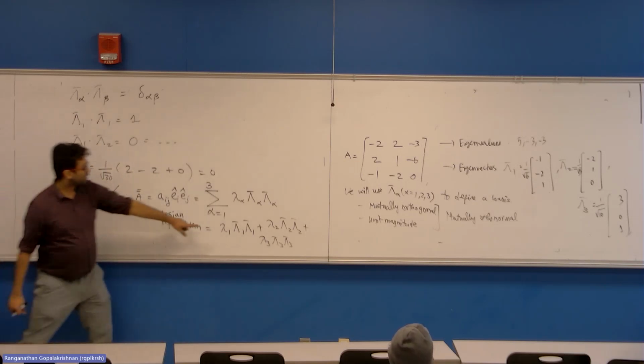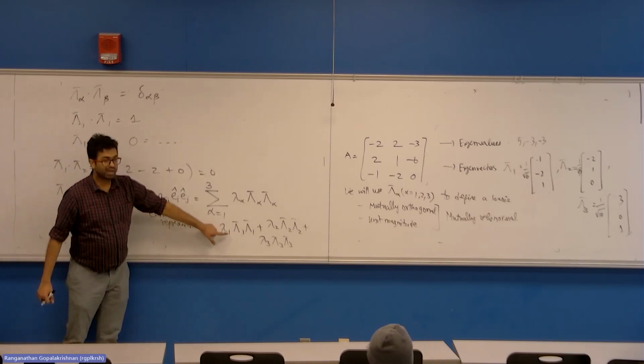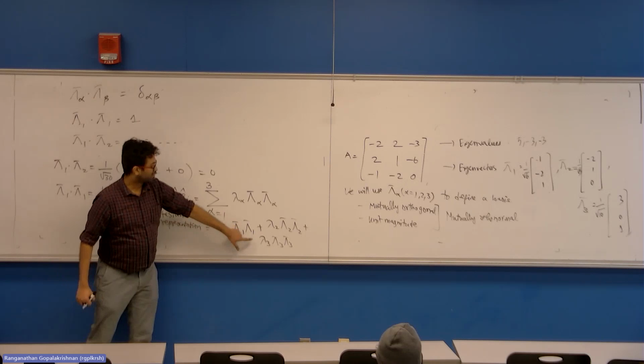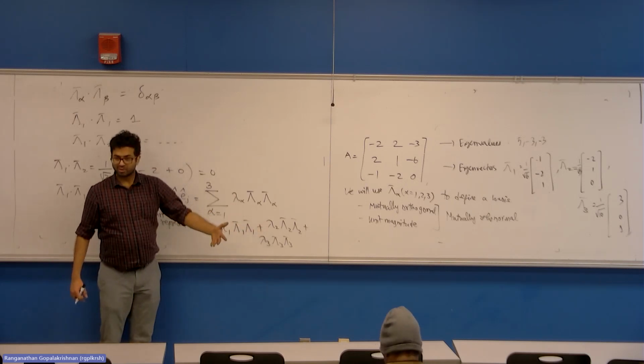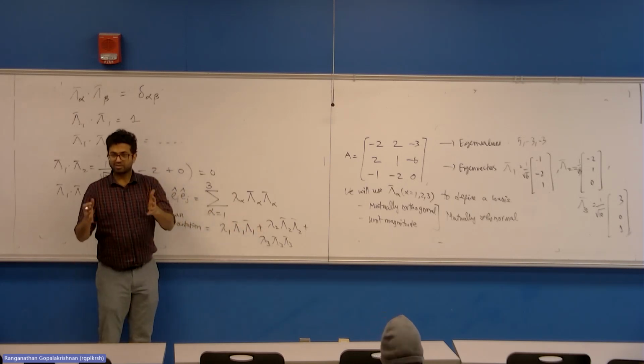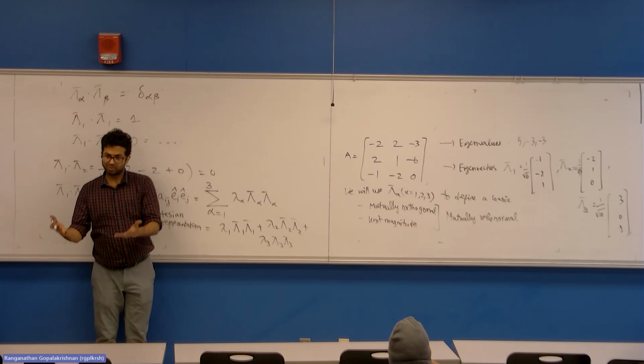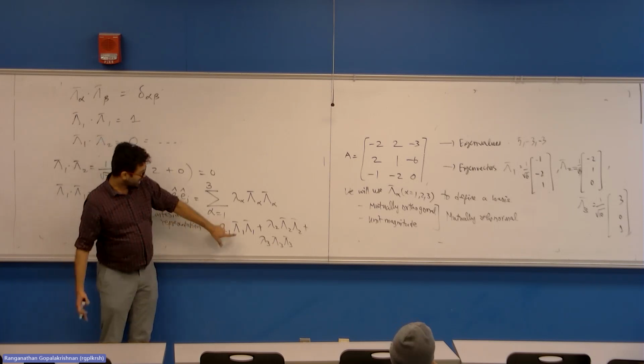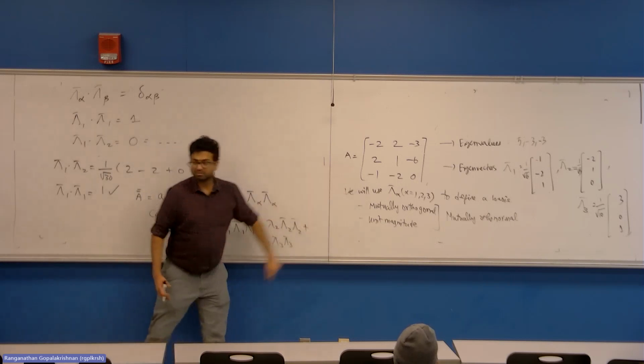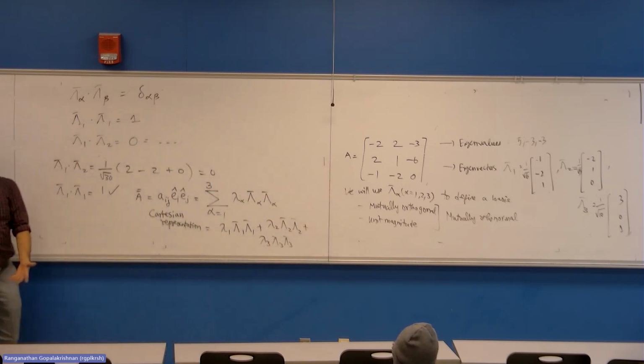I don't have to bother writing the off-diagonal terms like gamma 1 gamma 2, gamma 2 gamma 3, and so on, because in the diagonal matrix those components are all zero. So you can expand this out and you will find that it is exactly equivalent to this. You should check it.